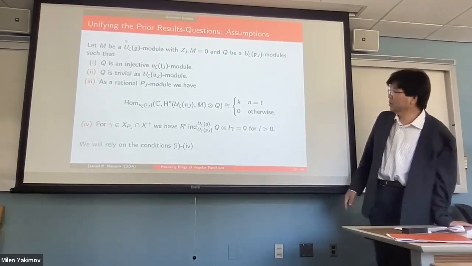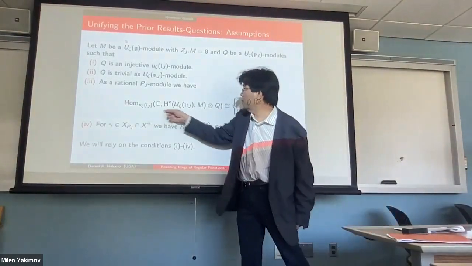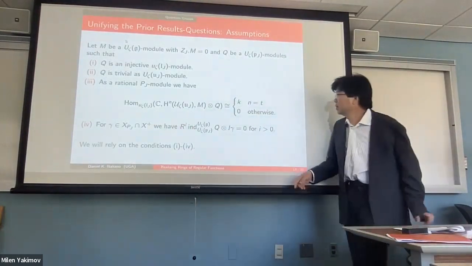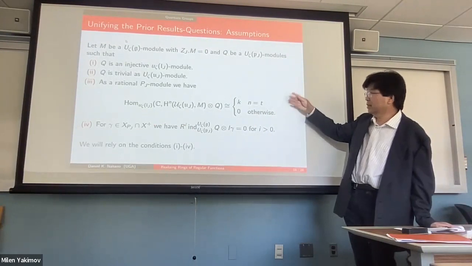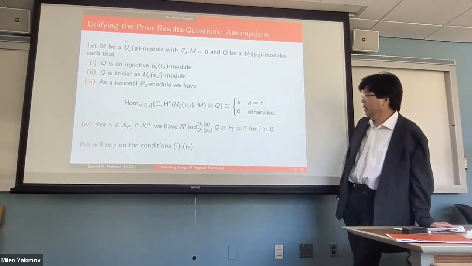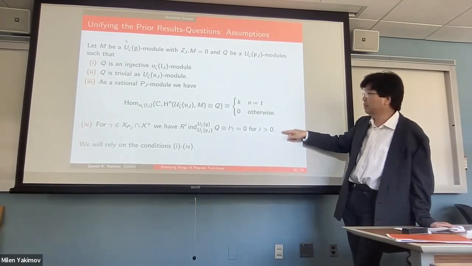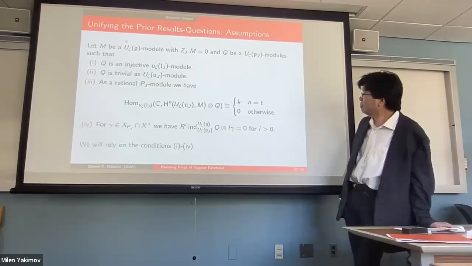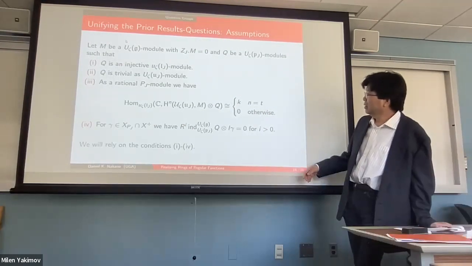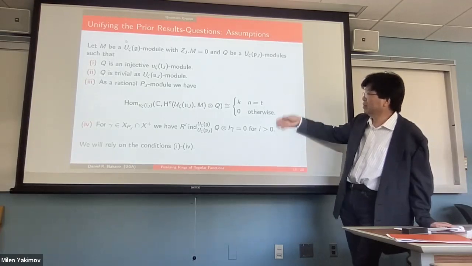So this says that when you take this Hom over here, elements are only going to live in one degree. That's the analog of that. And this condition here is like the Grauert–Riemenschneider vanishing: the higher sheaf cohomologies vanish. So the Friedlander–Parshall elements are built into some of these axioms.